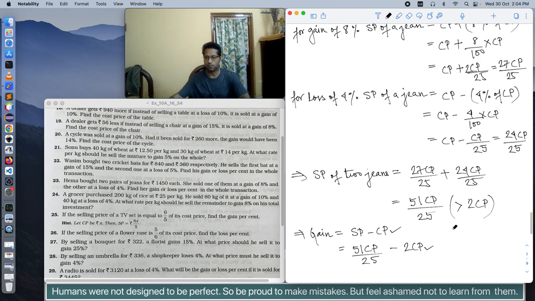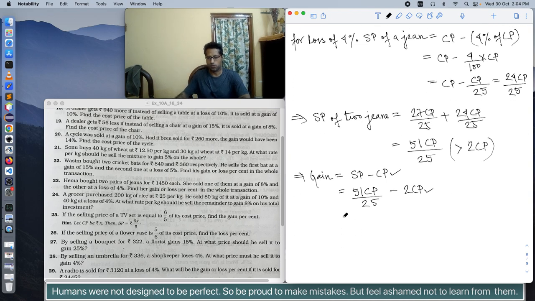I hope you will understand. So this is equal to, if you simplify, 51 CP by 25 minus 2 CP, this is 51 CP minus 50 CP divided by 25.